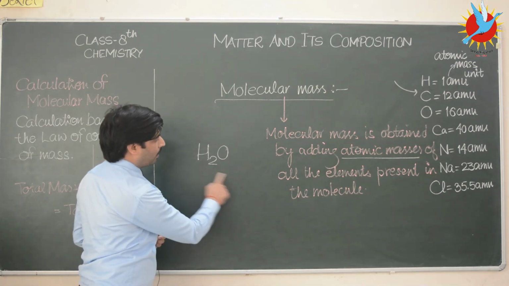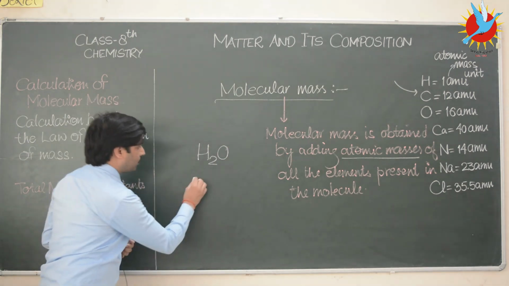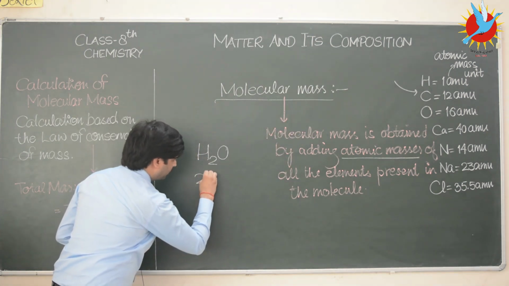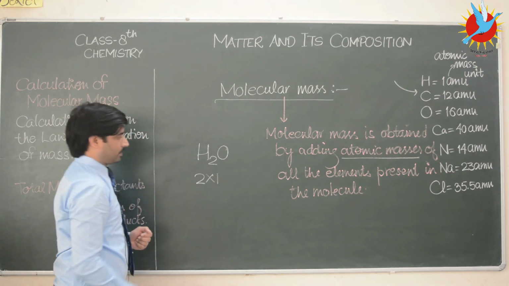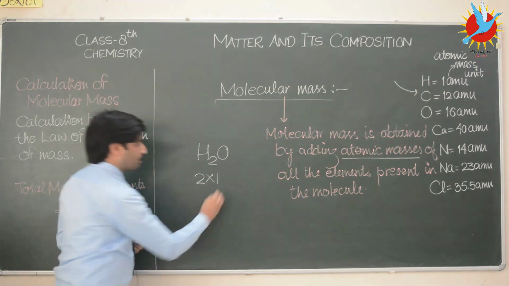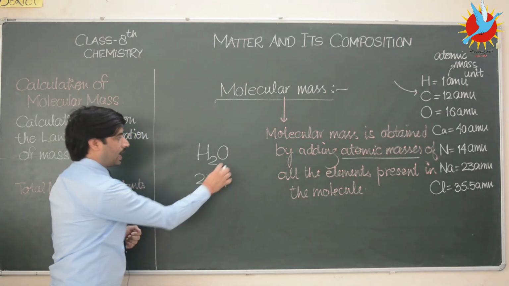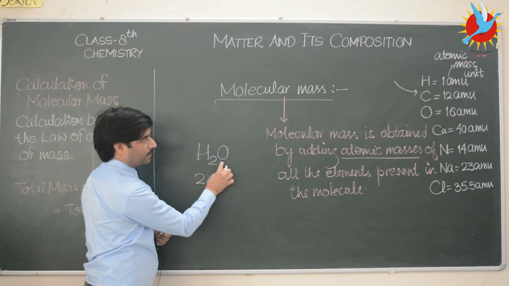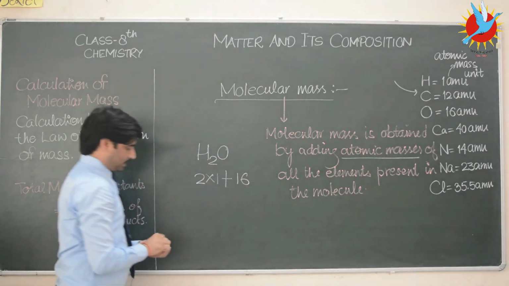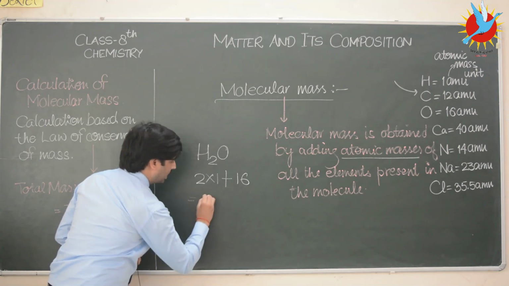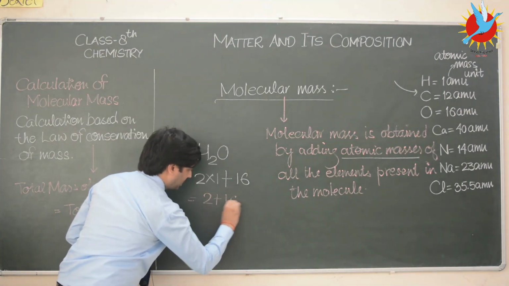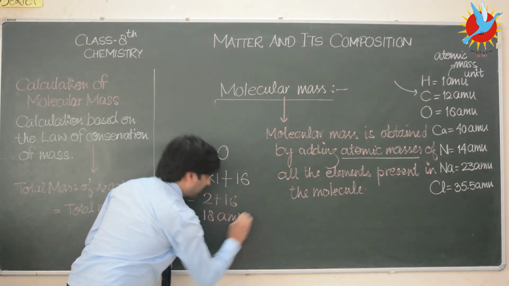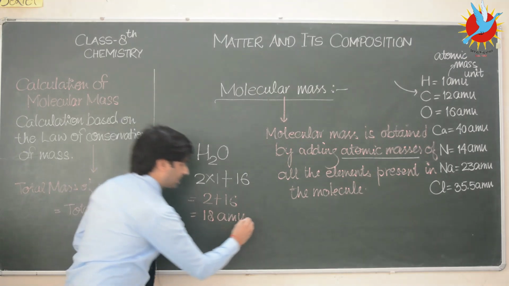The atomic mass of hydrogen is 1, so we do 2 into 1, because we have two hydrogen atoms, plus the atomic mass of oxygen, 16, because we have only one oxygen atom. So 2 ones are 2 plus 16 comes to 18.